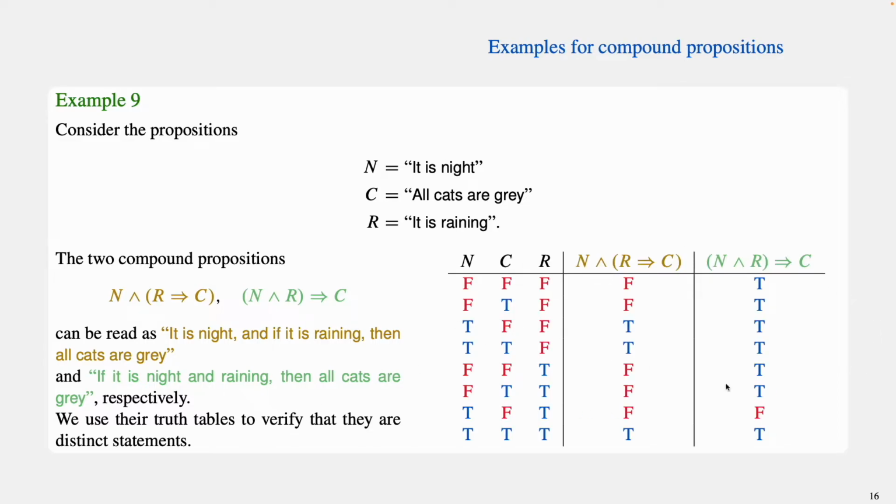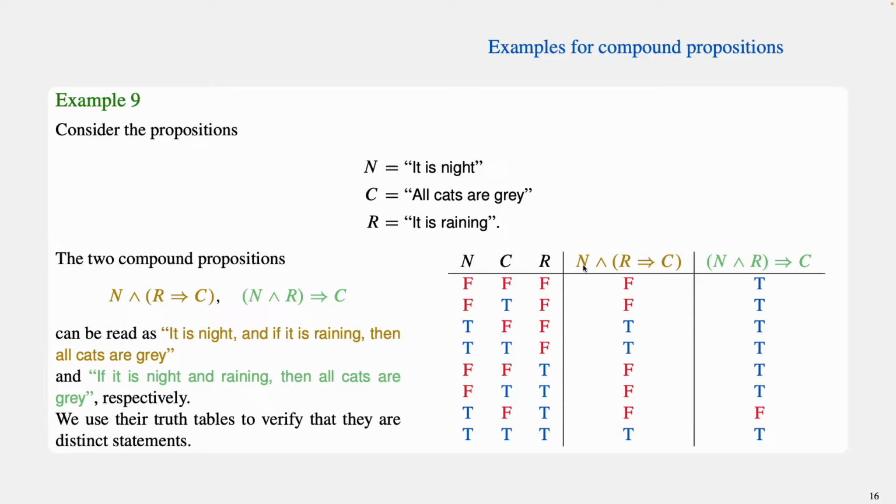So I skipped over a few steps when I wrote down these truth tables, but let's quickly go through it. So here we have the three component propositions, N, C, and R. And here I have the corresponding values for the two compound propositions, depending on every possible input combination for N, C, and R. And I will just quickly reason how we come to these outcomes here.